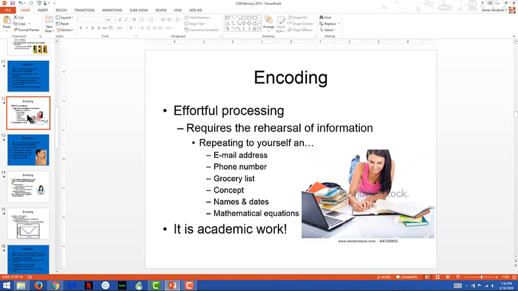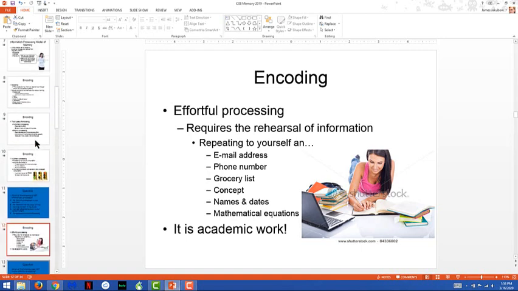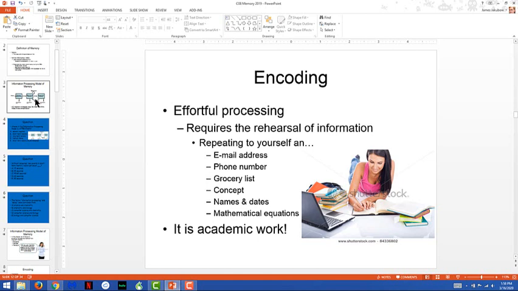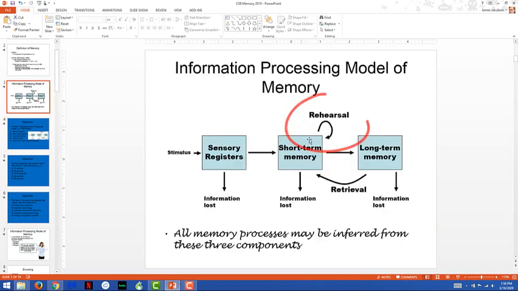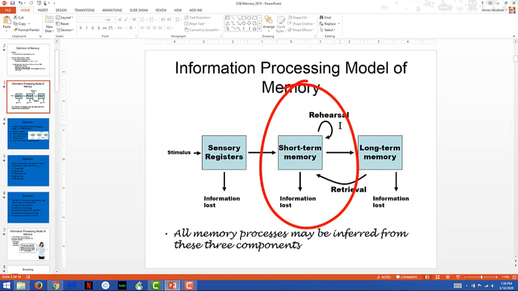effortful processing. And effortful processing, just to beat you over the head with this information, always requires this: rehearsal. The rehearsal component from short-term memory, which comprises the larger aspect of attention in this entire center section of the information processing model.